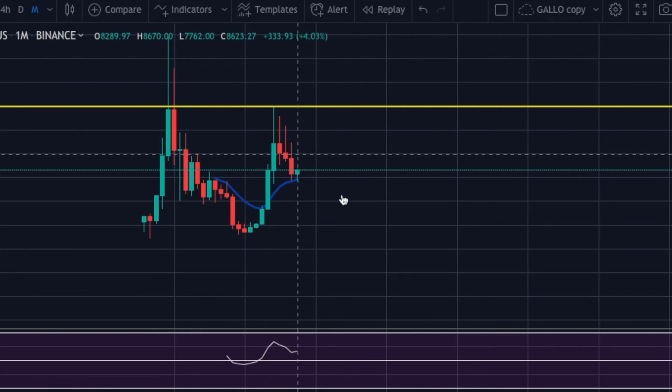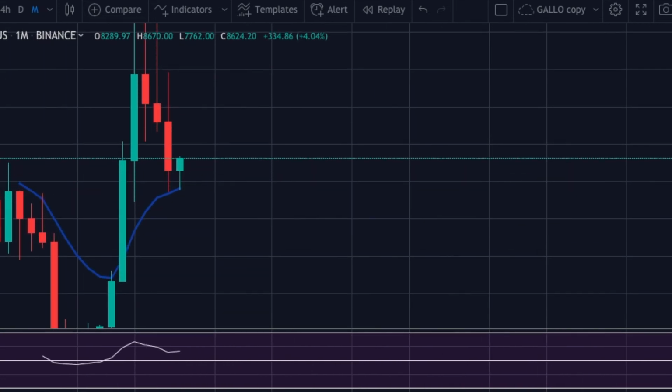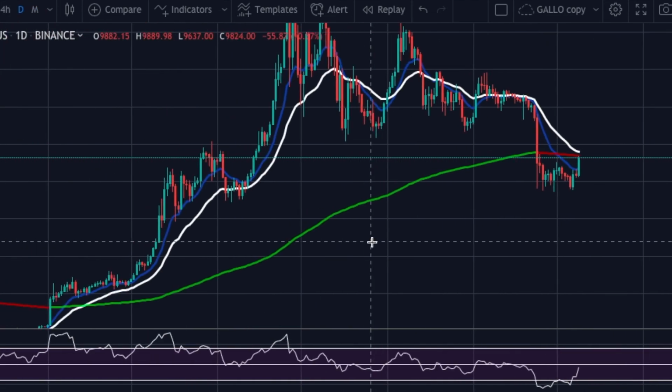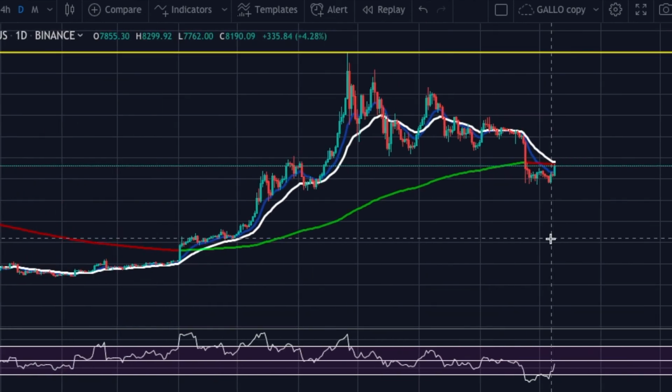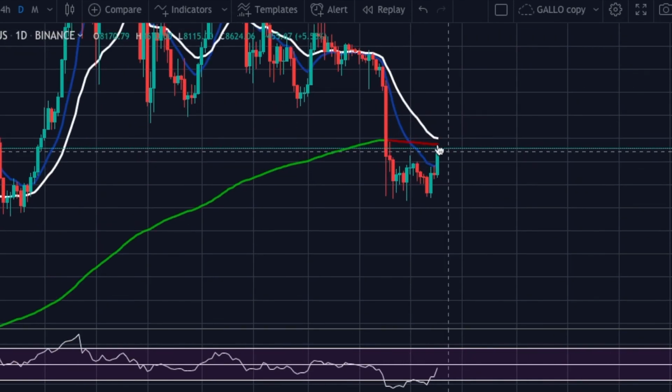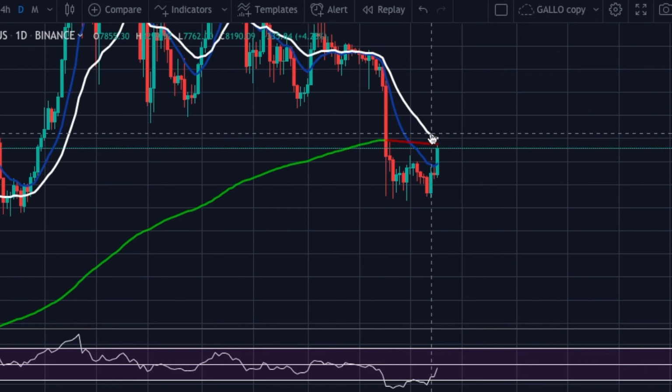Why do I think this? Because we have this 12, which acts as a strong support. If we come back on the daily, we are going to find some resistance here, pretty sure, only at the 26.